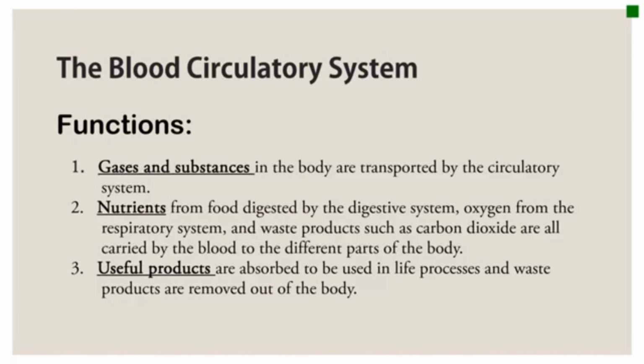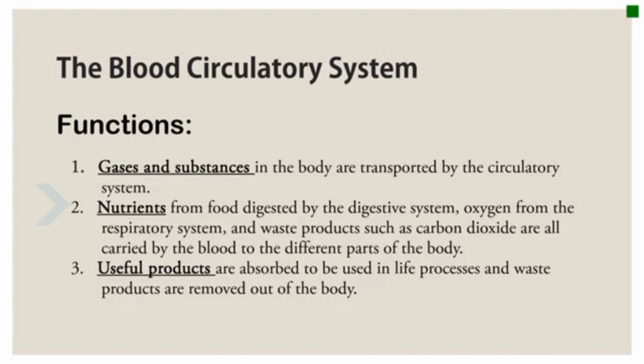The blood circulatory system is also the same as the circulatory system. It has the following functions. 1. Gases and substances in the body are transported by the circulatory system. 2.